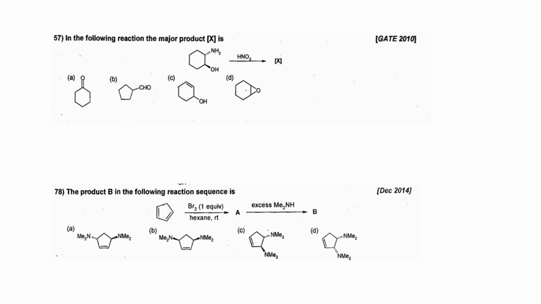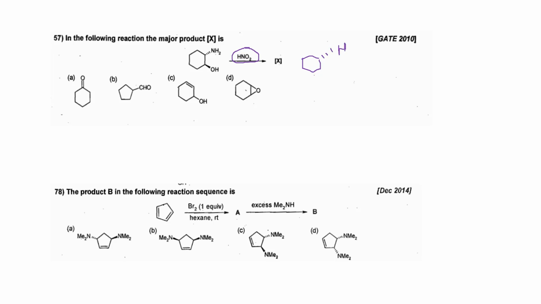that in an amine, if you add acid, what happens? This will get diazotized. This is one type of semipinacol-pinacolone type of reaction.